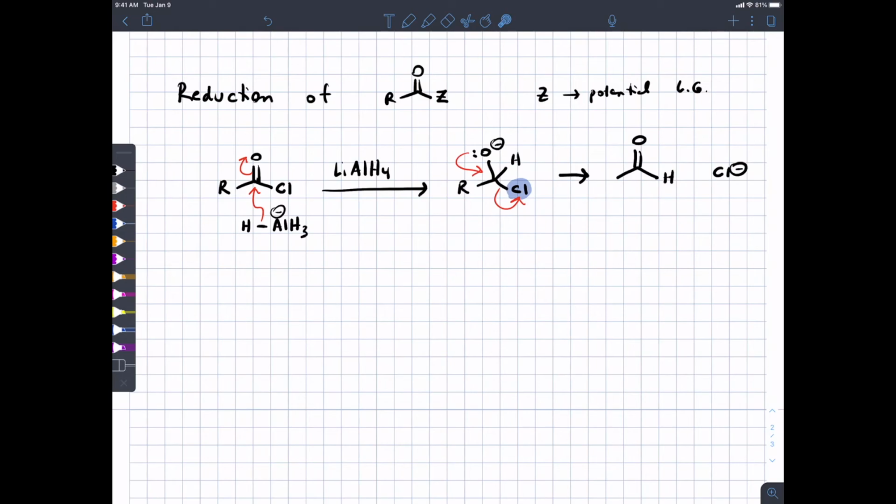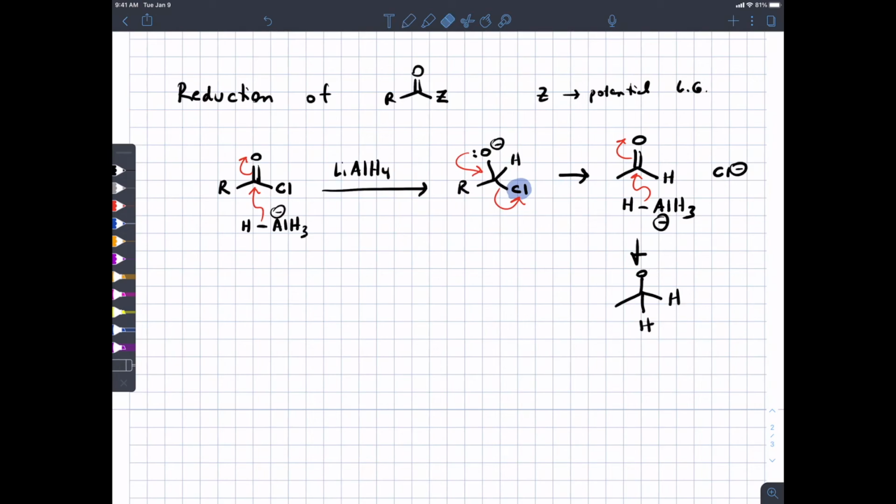All right? Well, that's fine, but I just barely told you that lithium aluminum hydride can reduce aldehydes to alcohols. And so what will happen next is another molecule of lithium aluminum hydride will attack the aldehyde, and you will get the alcohol.